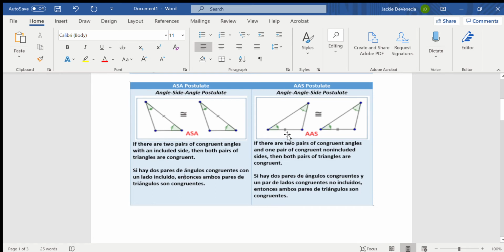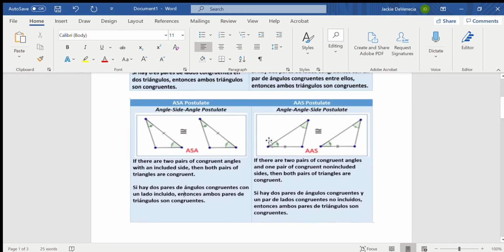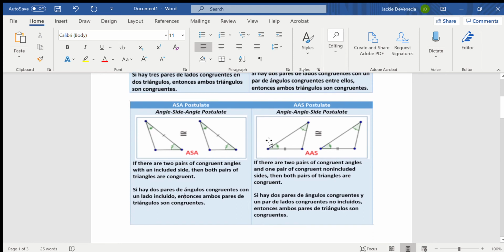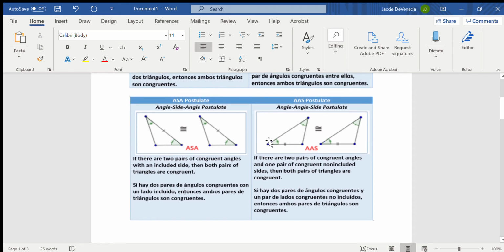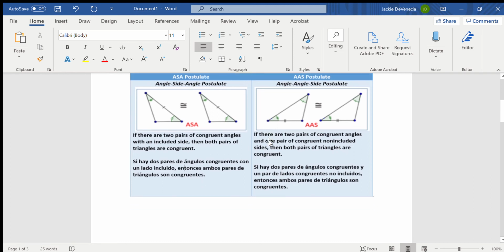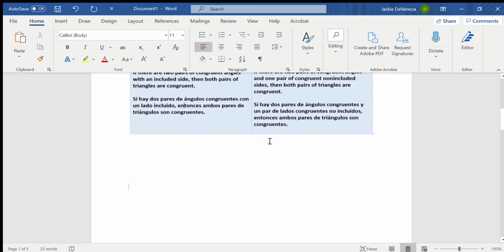It could just be on the side like that. You can still say that these triangles are congruent, right? So you can use this time to pause the video at any point to reread the exact definition, but that's pretty much what these four postulates were saying about congruent triangles.